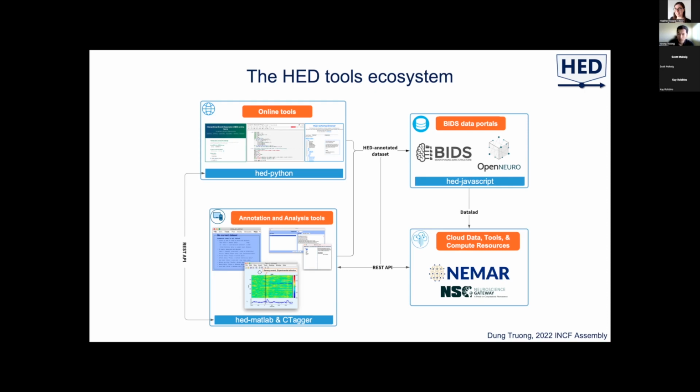In the future, we are planning to build tools to work with the online data archive and compute resource NEMAR, so that NEMAR users can use HED to search for datasets and potentially perform analysis as well.